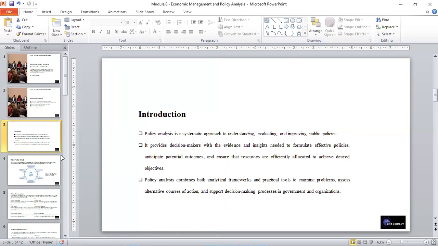It provides decision makers with the evidence and insights that are needed to formulate effective policy, anticipate potential outcomes, and also ensure that resources are efficiently allocated to achieve desired objectives. Policy analysis combines both analytical frameworks and practical tools to examine problems, assess alternative courses of action, and support decision-making processes in government and organizations.